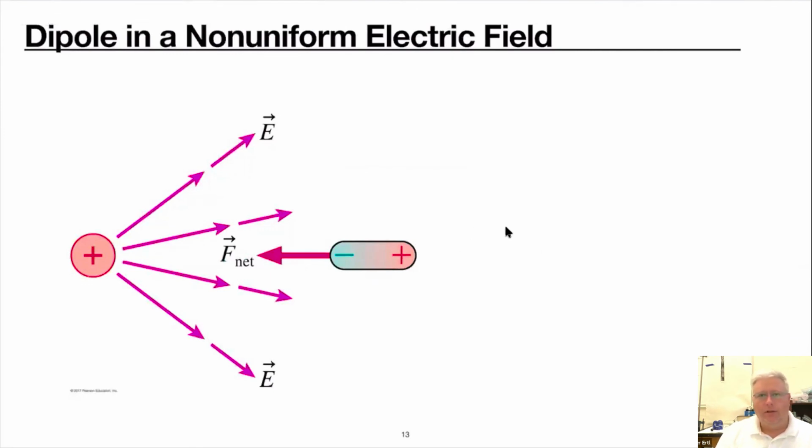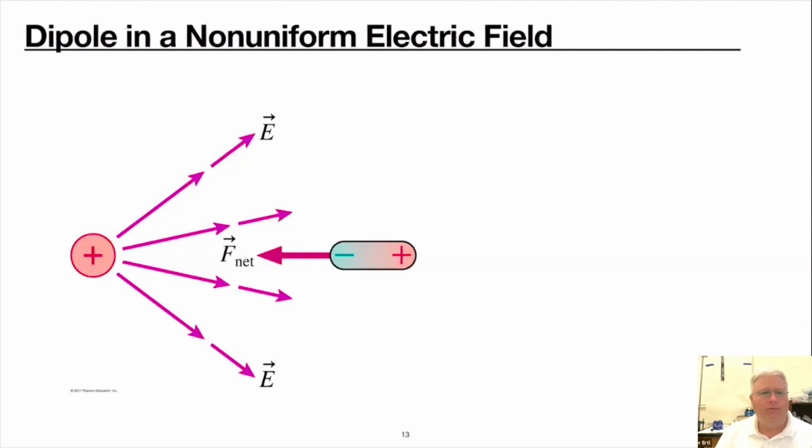Now I just want to briefly look at what happens when you place a dipole in a non-uniform electric field. Remember that a point charge does not create a uniform electric field. It's got a stronger electric field closer to it and a weaker field away from it. If we place a dipole somewhere near the point charge, it's now in this non-uniform electric field.